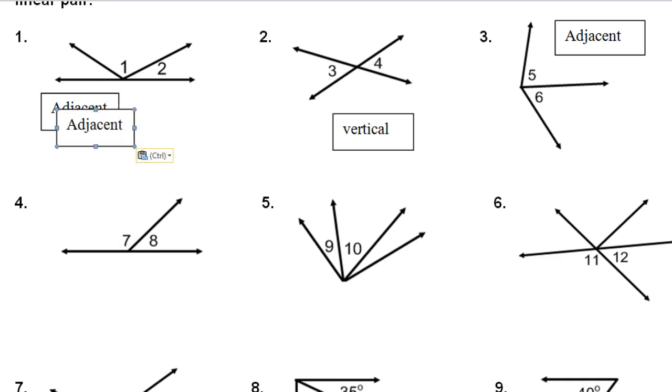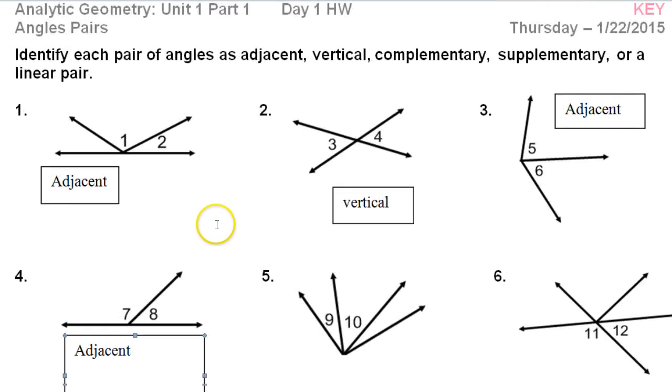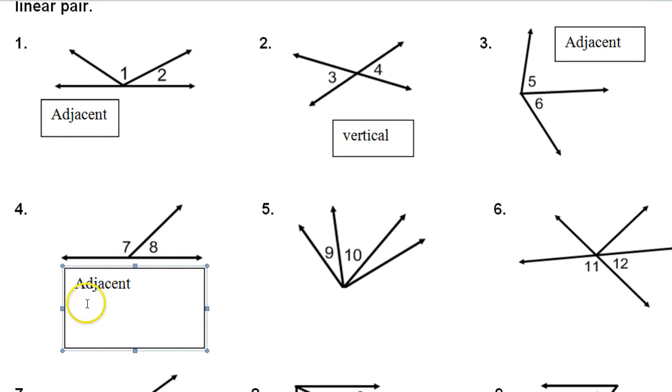Okay, what about number 4? For number 4, we have a little bit more information. What do you think? Are they adjacent? Yeah, they're adjacent because they're right next to each other. Are they anything else? Well, they are a linear pair, because together, the side that they don't share forms a straight line.